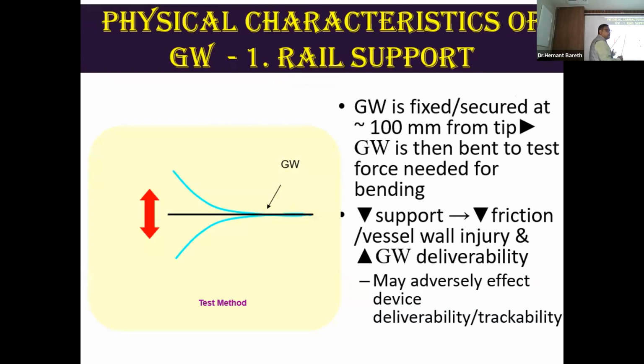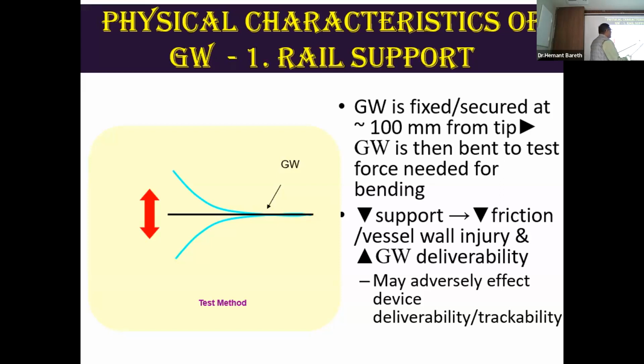How much force is required to bend the wire? This is the support, lateral support or rail support. If more lateral pressure is required to bend the wire at 100 mm from the tip, then rail support is better. And if less force is required, then rail support is less.